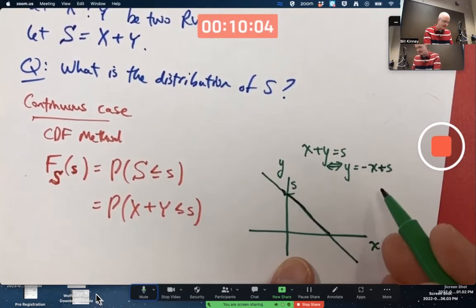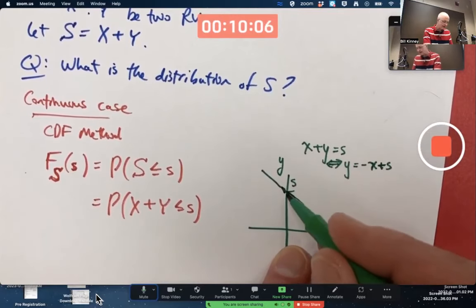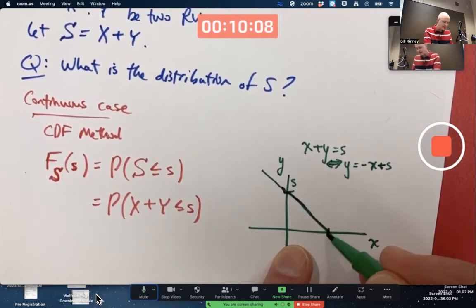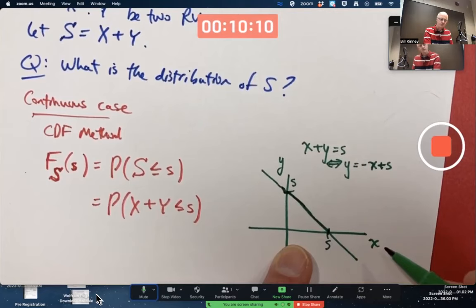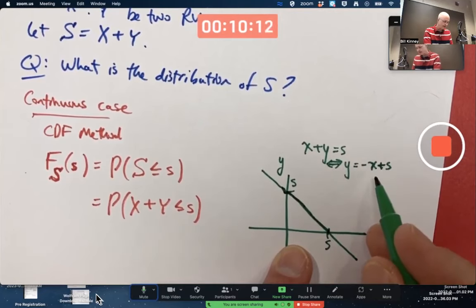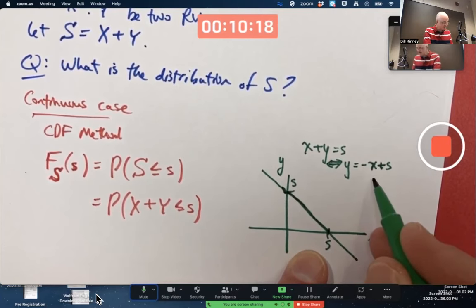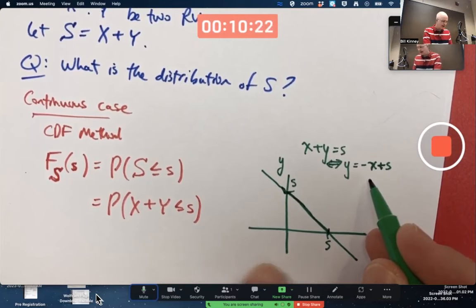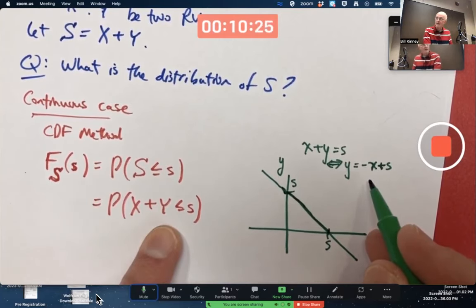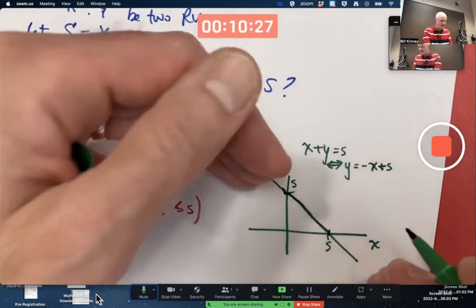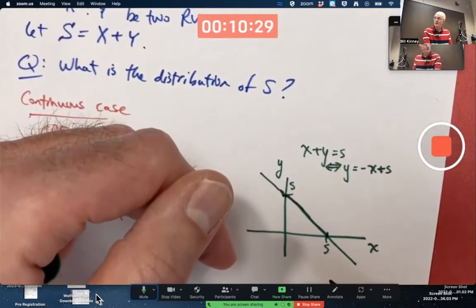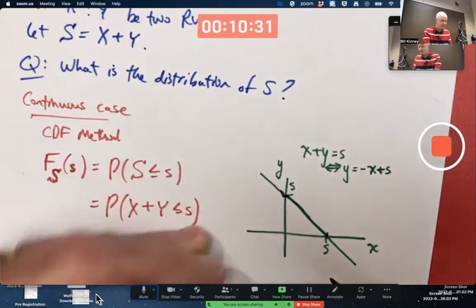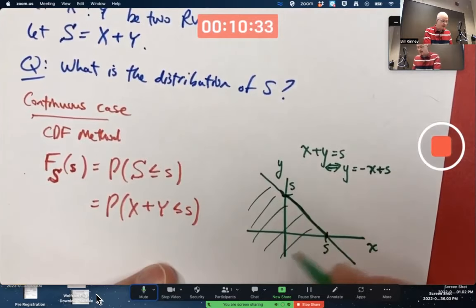And since the y-intercept is s and the slope is -1, the x-intercept turns out to be s as well. Think about it. You can see when x is 0, y is s. You can also see that if you plug in x equals s, you get -s plus s is 0, y is 0. And this inequality then would define all points in the plane below this line, wouldn't it? Everything down here.